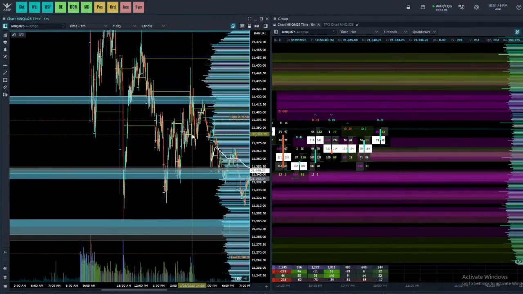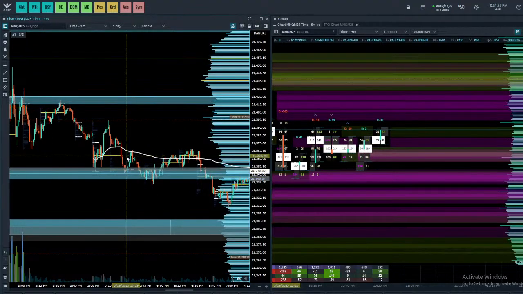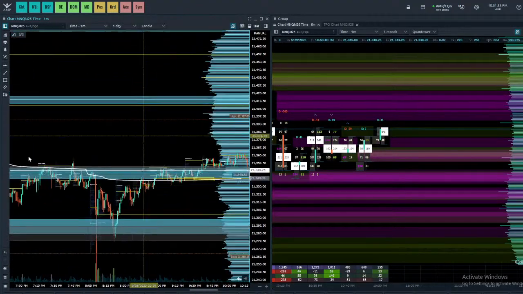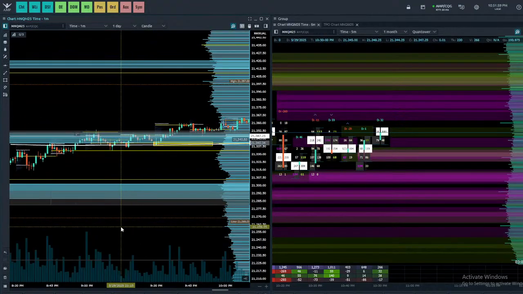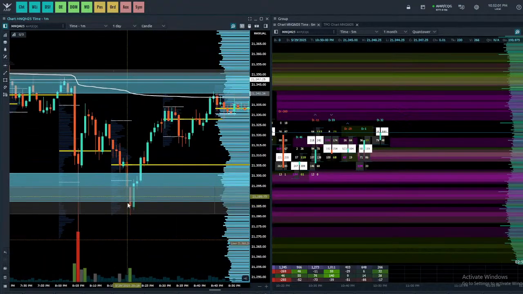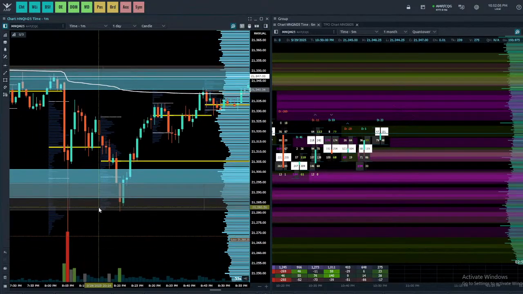I think my prediction earlier was from up here to down here on that breakout. Then from boom, down here, this whole low value node right here, boom.